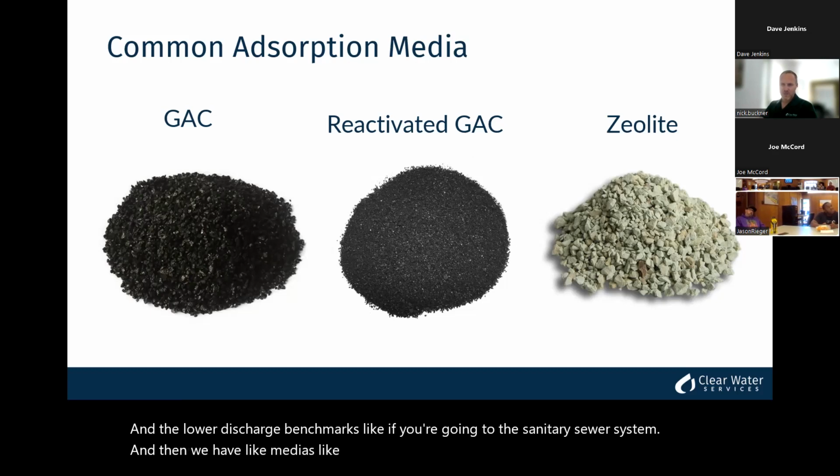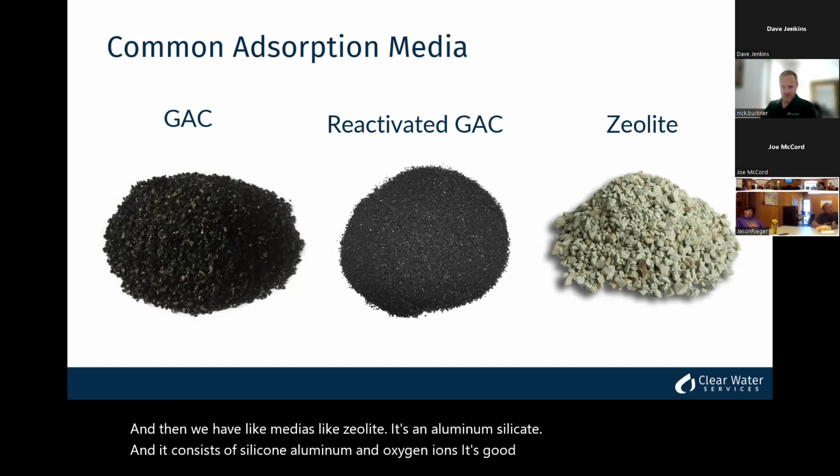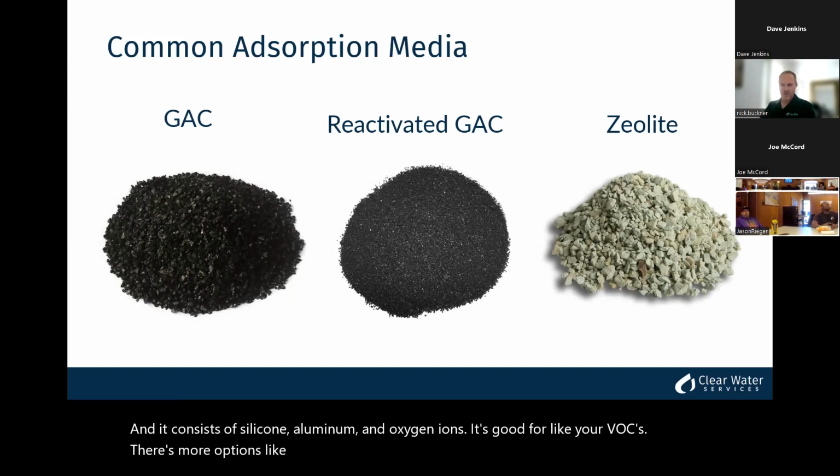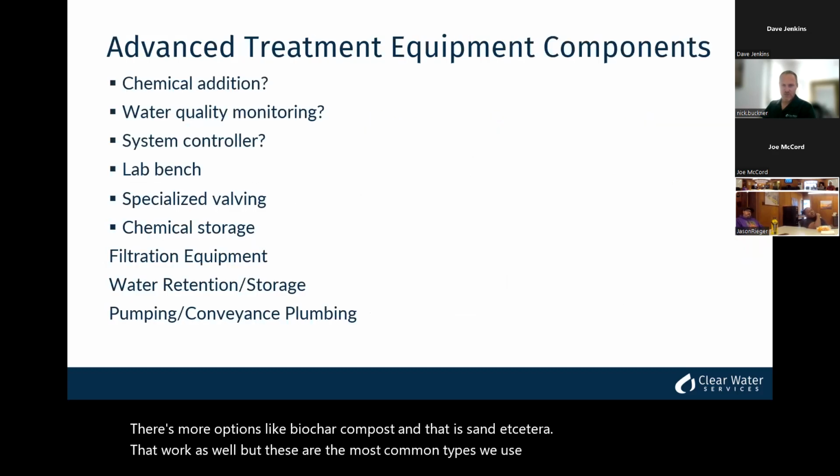It's an aluminum silicate, and it consists of silicone, aluminum, and oxygen ions. It's good for your VOCs. There's more options like biochar, compost, emitted sand, etc. that work as well, but these are the most common types we use, and you'll probably see out there.